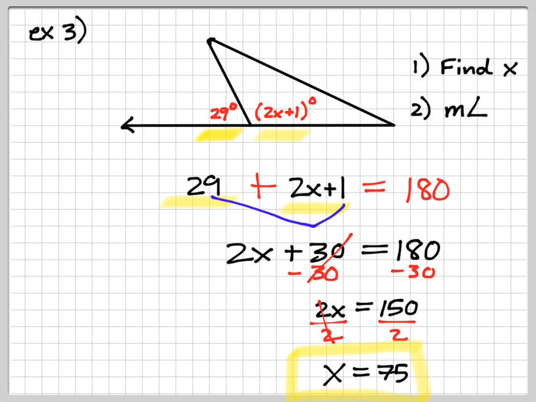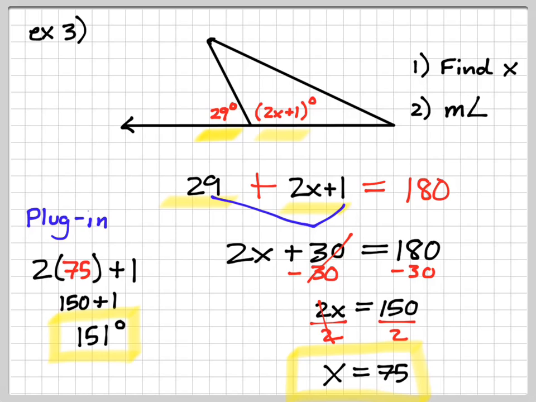Now, don't forget, we've only fulfilled one of the commitments here of find x. We also need to plug it back in and determine what the actual angle measure is in degrees. So over here on the left, I'm going to plug it in. 2 times 75 plus 1. 2 times 75 is 150, plus 1 more is 151.